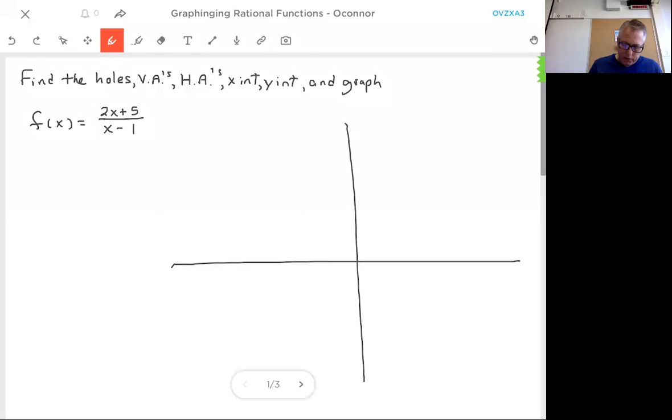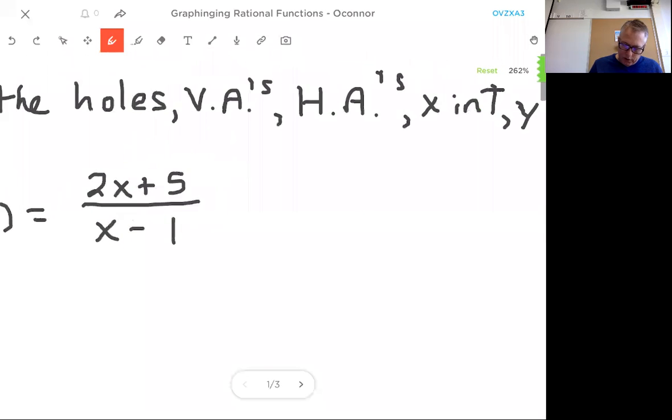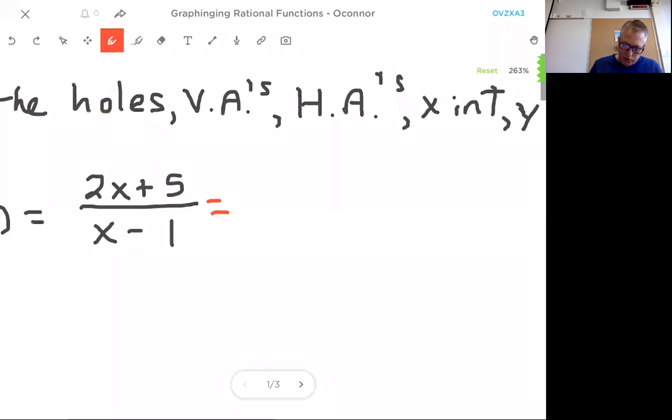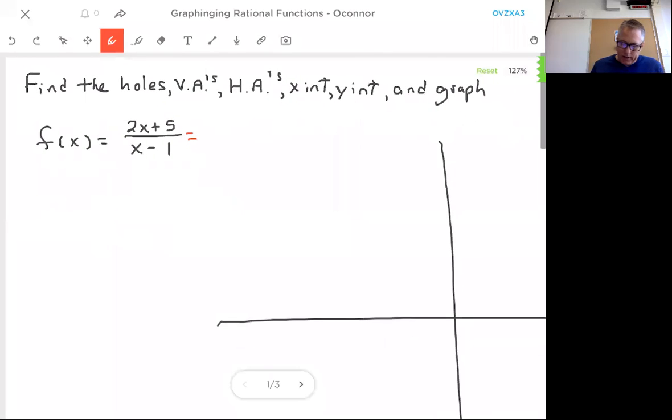So let's first take a look at all of the stuff we can figure out from the equation right now. I can say that this graph is discontinuous at x equals 1. And discontinuous means that 1 is not in the domain of the function. I cannot plug 1 into this function because it would make the denominator equal to 0.